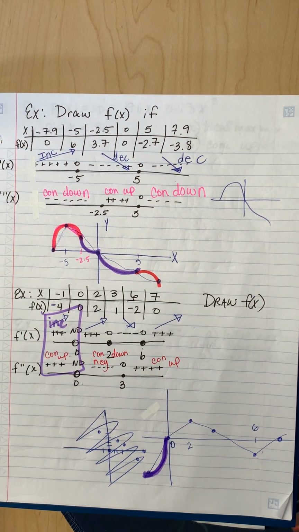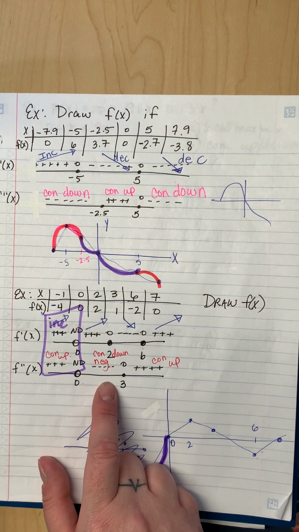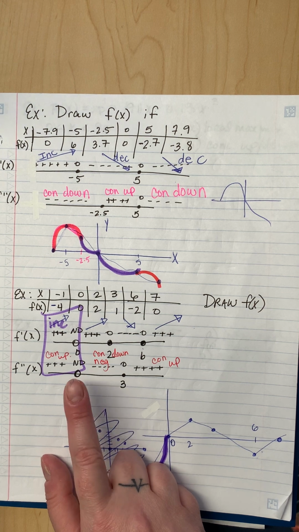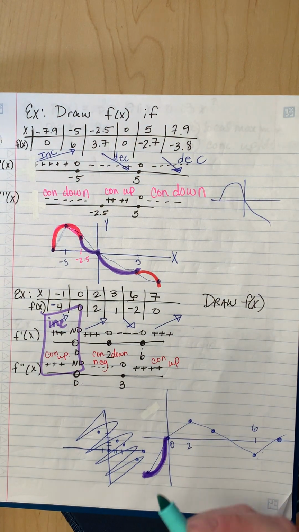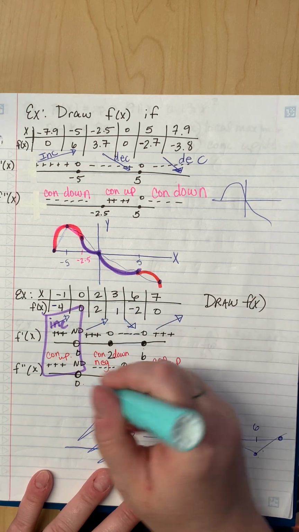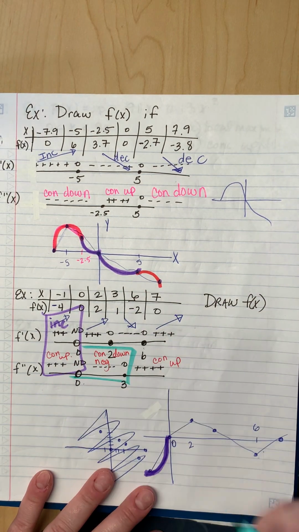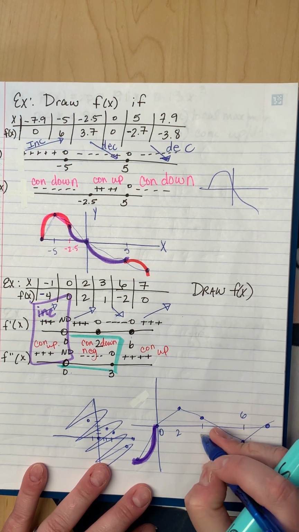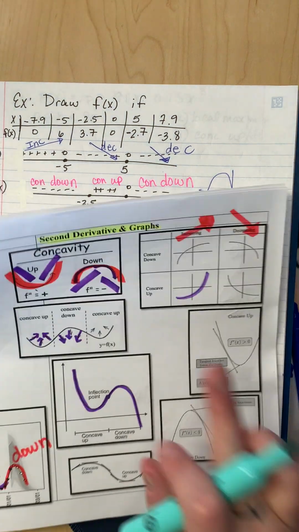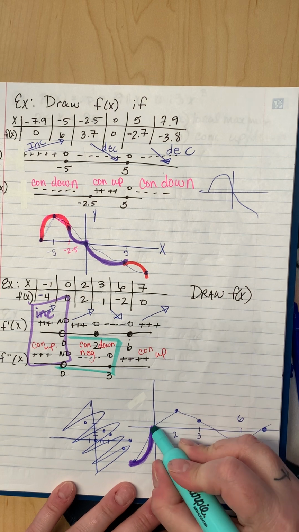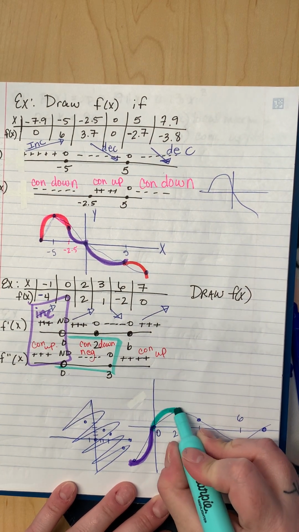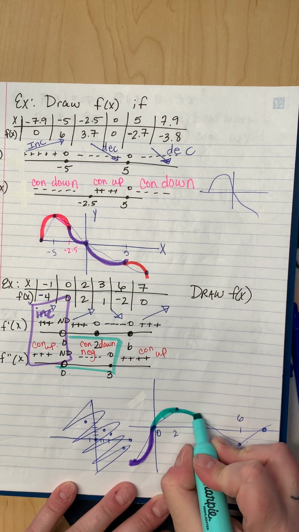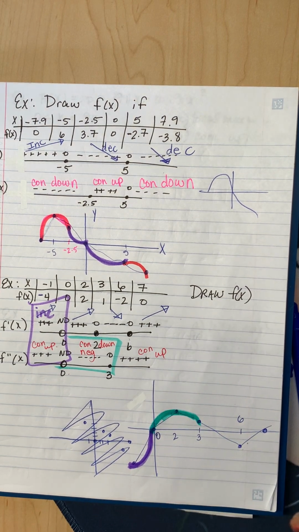Now let's look at this next piece. It says concave down from 0 to 3. So let's find where 3 is. 3 is right here, I think. Concave down looks like an upside down parabola, so we make a little upside down parabola in there.